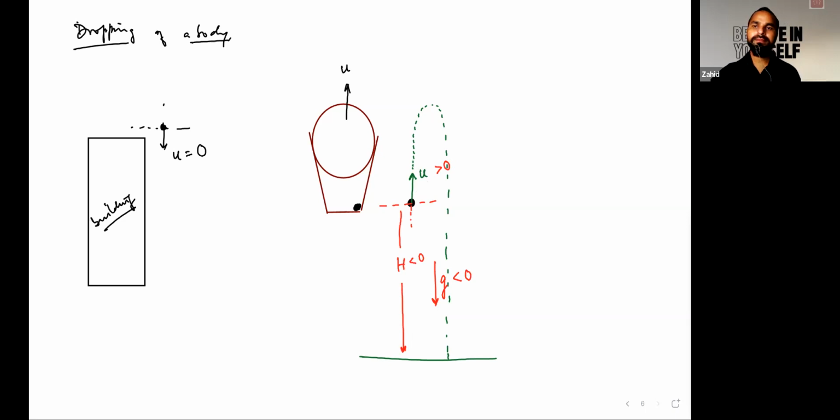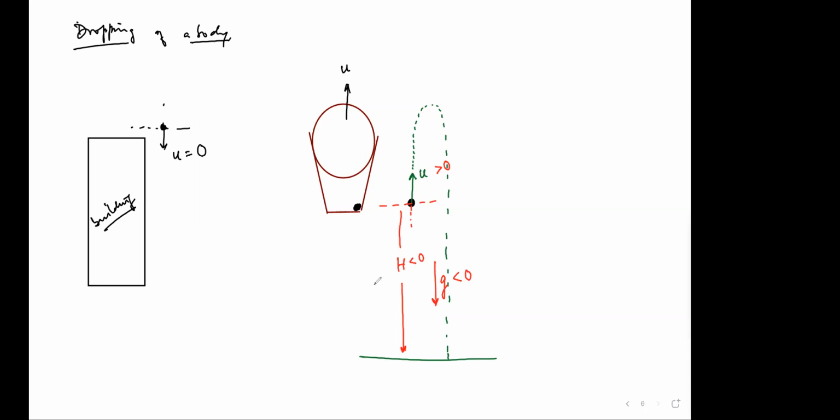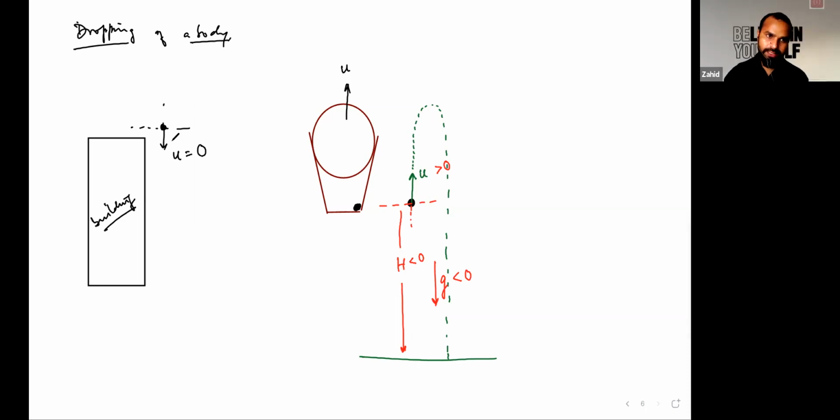Okay, Khalid? Hamza? What would be the velocity, height, or acceleration for this condition? Let's say the height of the building is h and the acceleration due to gravity is in this direction. Taking this point to be the origin, u is 0, since it is dropped from a stationary system.